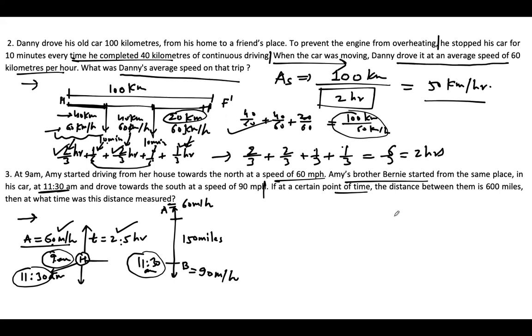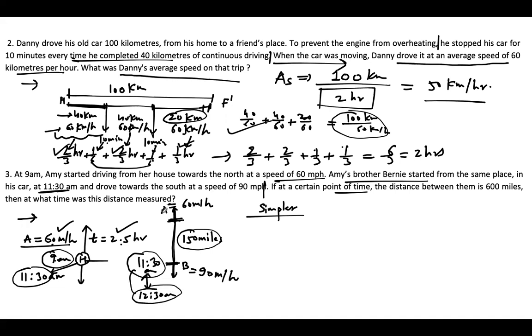Okay, one way is going via variable, one way is directly thinking. I'll tell you the simpler way. Right now, the distance between them is 150 miles. So the simpler way could be: you imagine in 1 hour, how much will they be traveling? Let's say they already have a distance of 150 miles between them. So what's going to happen at 12:30, after 1 hour?